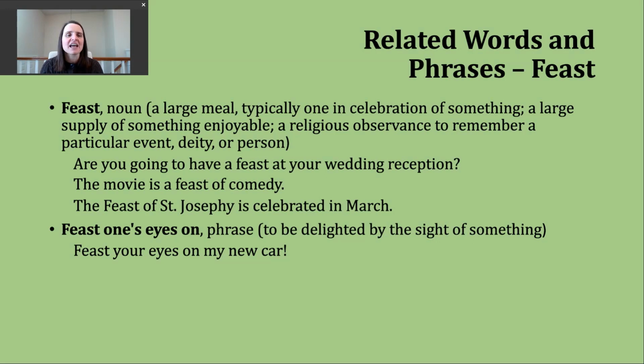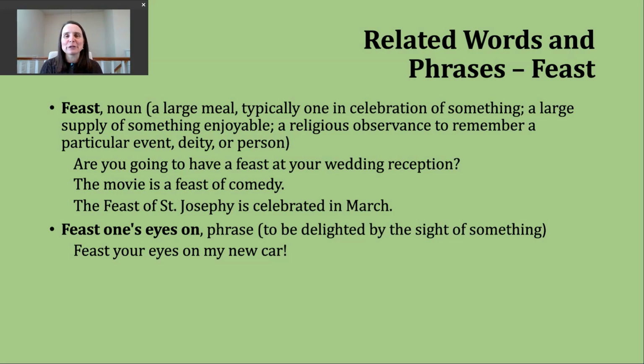An example of this, the Feast of St. Joseph is celebrated in March. So this is not connected to my particular faith, and so something I consulted in order to make this example sentence. You might use it in slightly different ways in connection to your faith.